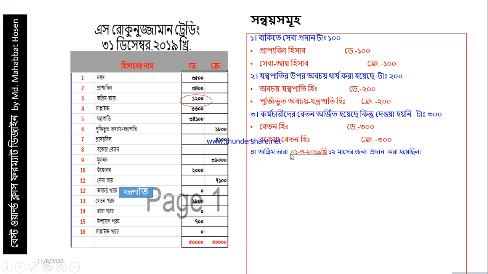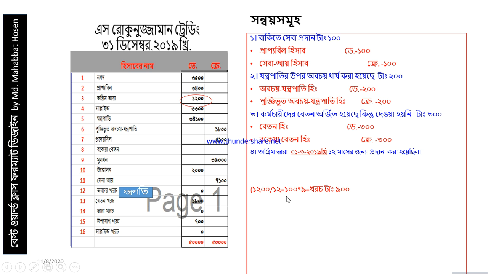So what amount was on the trial balance? 1200 taka. So March, that means we have to count from April, May, June, July, August, September, October, November, December. That means 9 months. Again, I would like to repeat, it is not 01, it will be 31st. So we have to count for 9 months.